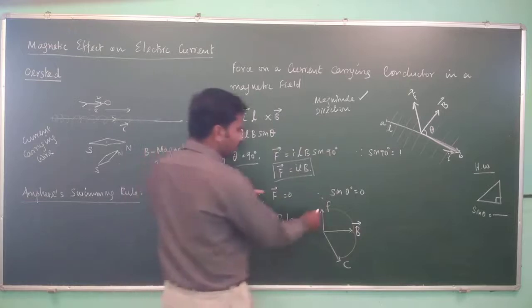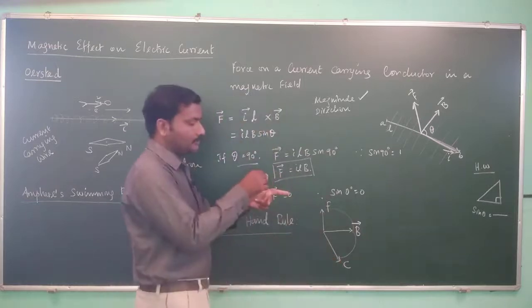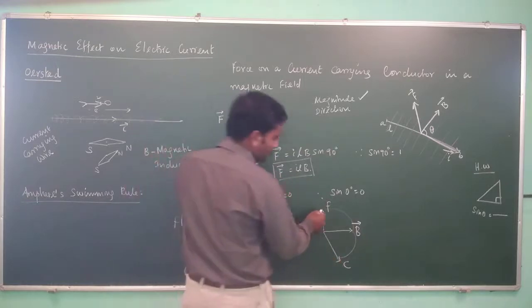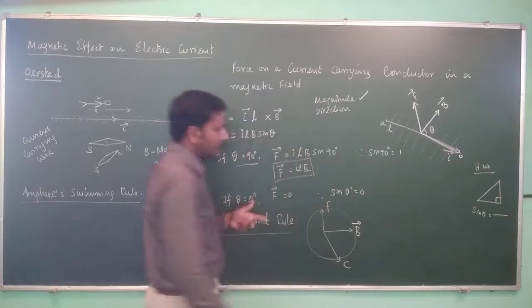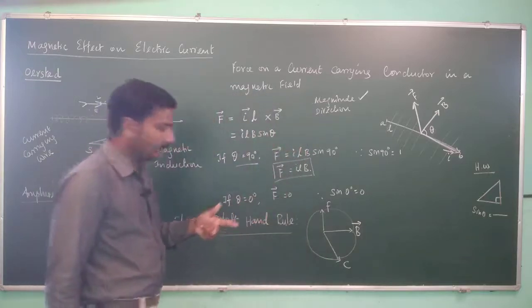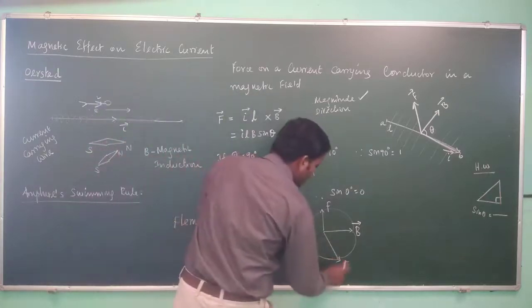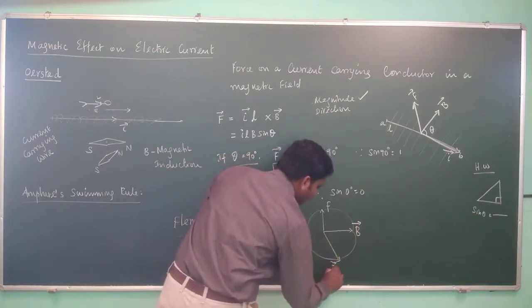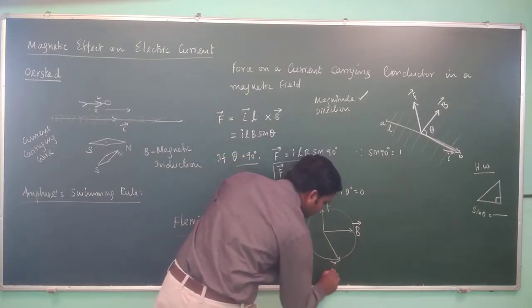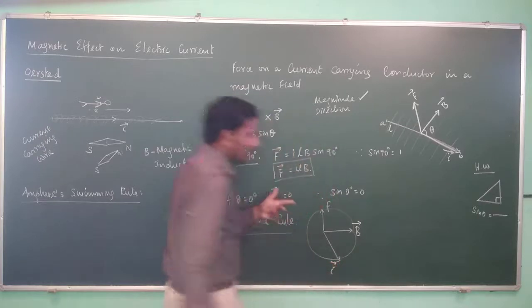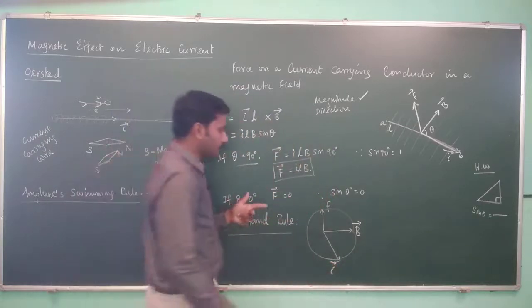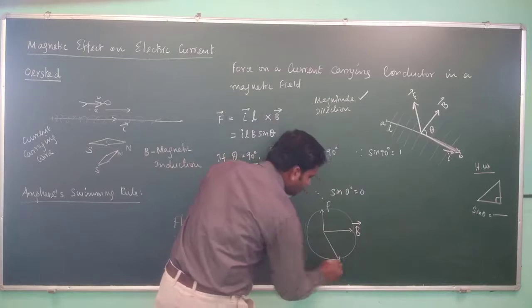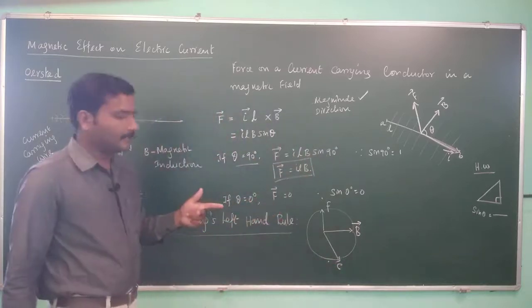And if you connect these two fingers, you will get C, so this is nothing but the current I vector. So you can put I vector or simply current, C.